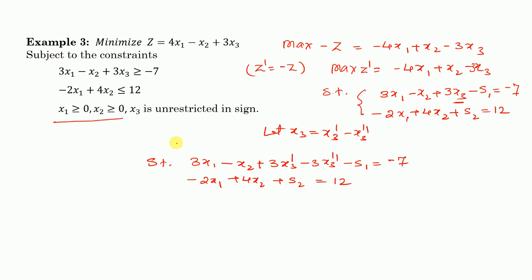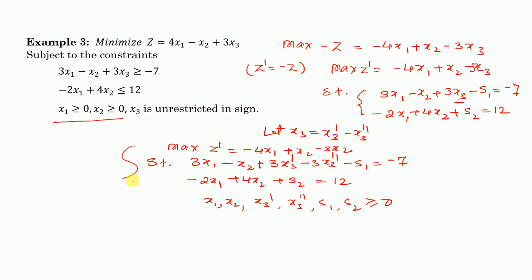So finally, if you write this objective function here, maximize z dash, this equal to minus 4x1 plus x2 minus 3x3 dash plus 3x3 double dash subject to this, and the variables are x1, x2, x3 dash, x3 double dash, s1 comma s2, all are greater than equal to 0.